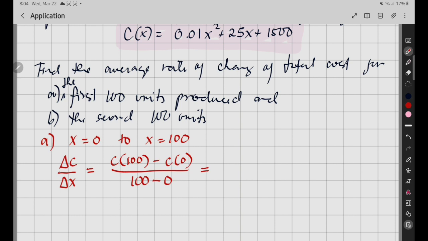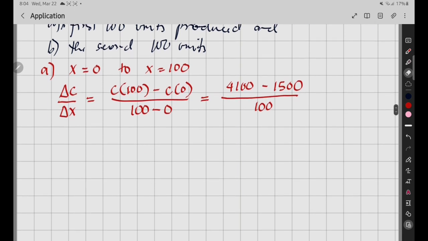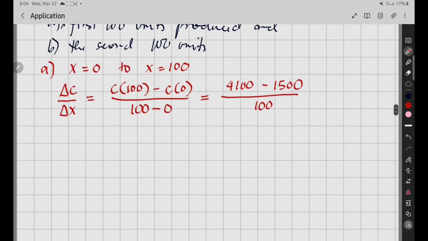Okay, so evaluate 100 in our cost function here. So we have 4,100 minus 1,500 over 100, and that would give us a change of cost per unit equal to $26 per unit.